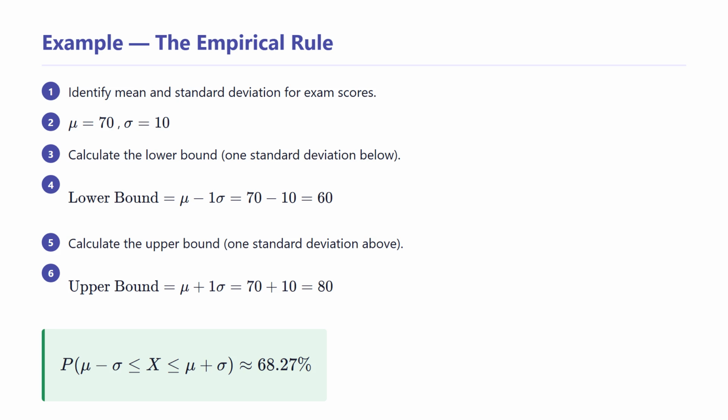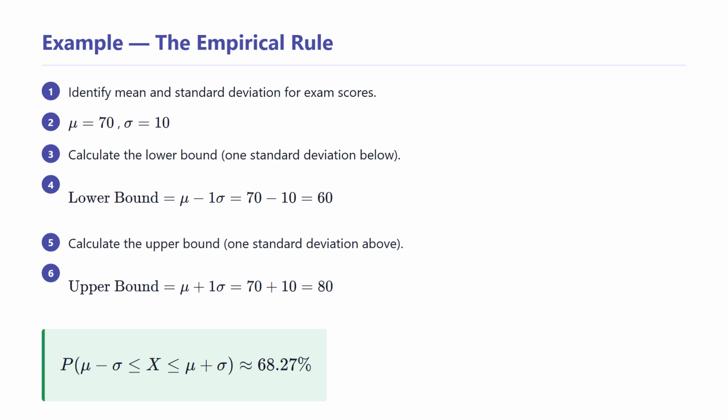First, we identify our mean, mu, as 70, and standard deviation, sigma, as 10. We calculate our lower bound by subtracting one standard deviation from the mean, giving us exactly 60. We calculate our upper bound by adding one standard deviation, giving us 80. Our target range spans exactly from one standard deviation below to one standard deviation above the mean.